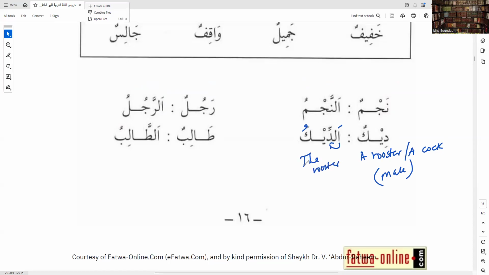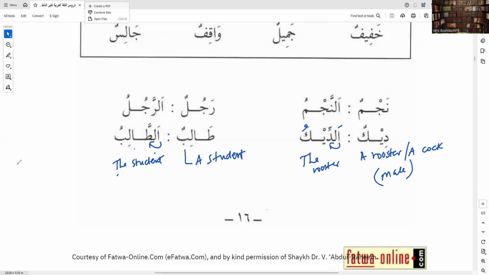At-talibu, a student, الطالب, the student. Very, very important. Now you can see that the ta has a shadda, and then the lam is neutralized or skipped. You don't pronounce it. So you say الطالب, the student.